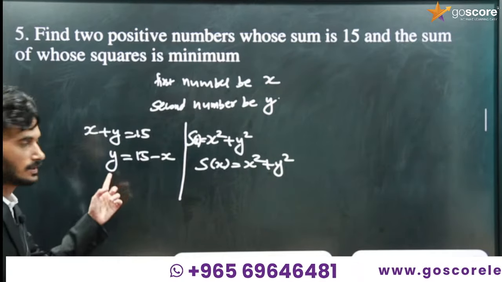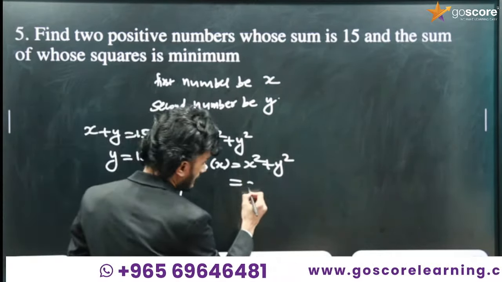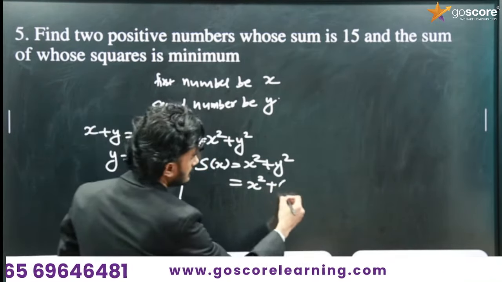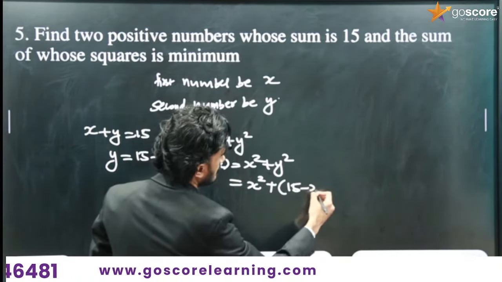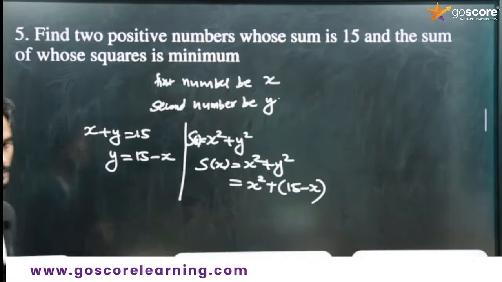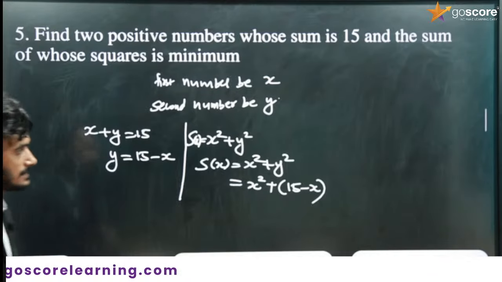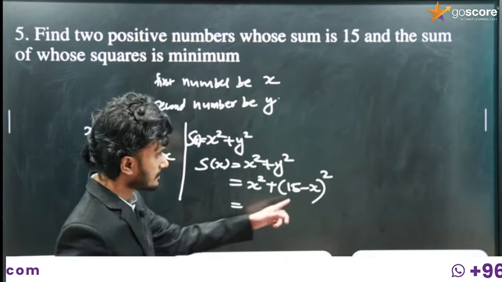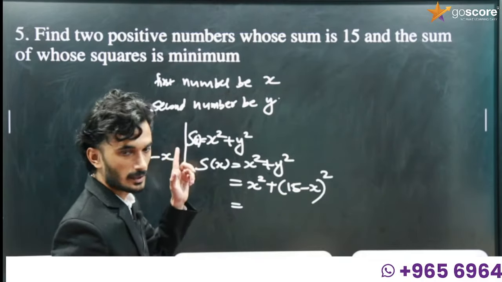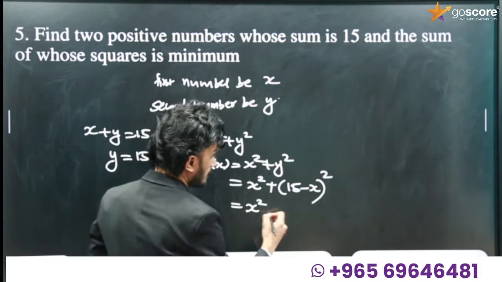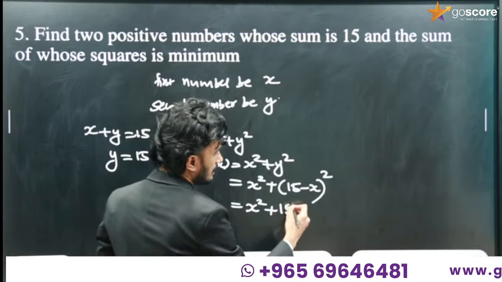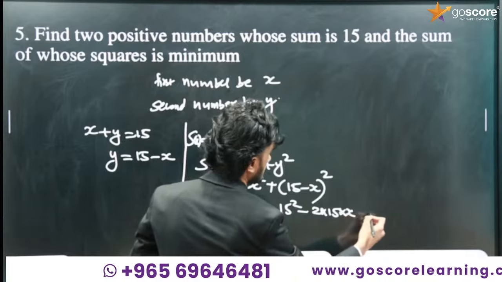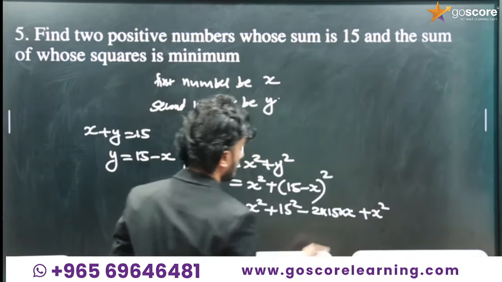What is y here? It is the second number, 15 minus x. So S of x is x square plus (15 minus x) whole square. This is (a minus b) whole square: x square plus 15 square minus 2 into 15 into x plus x square.